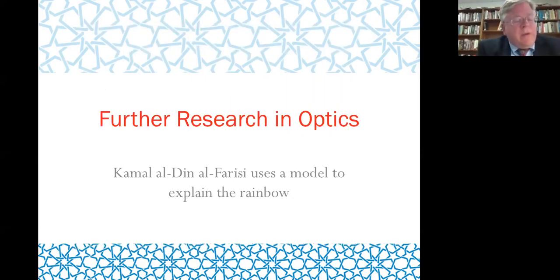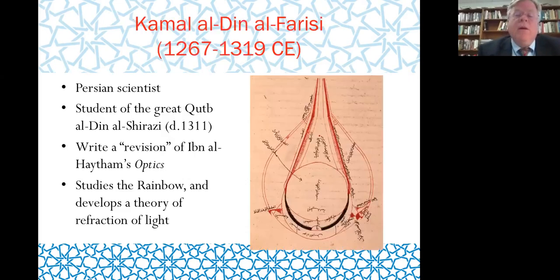Now, in the 13th century, in the early 14th century, a Persian Muslim scientist called Kamal ad-Din al-Farisi, who died in 1319, worked during the later period of Islamic science, a period that has been mistakenly characterized as devoid of fruitful and creative scientific activity.